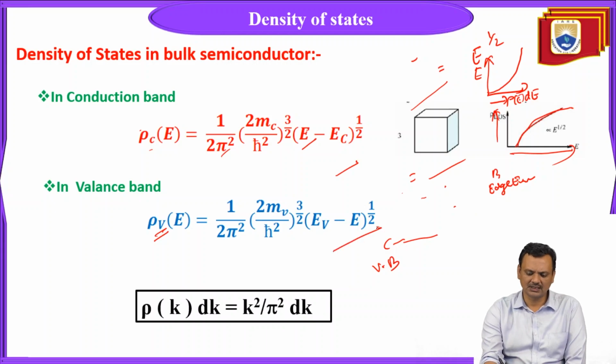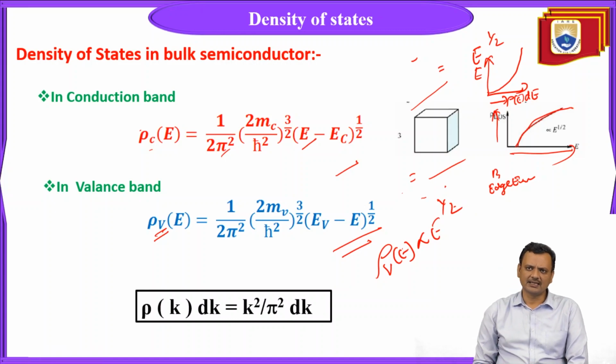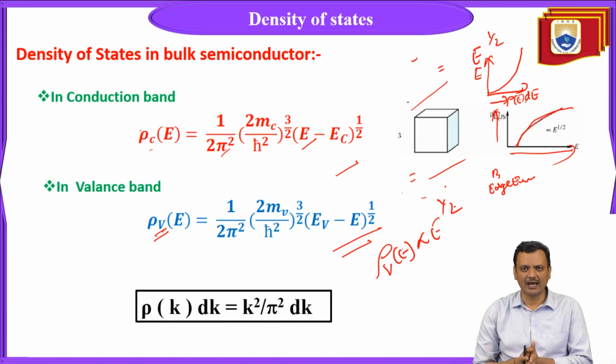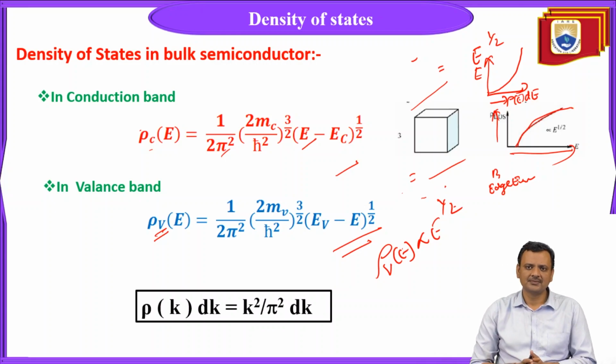Again, in the valence band region, our density of states also varies according to E to the power half. So in both cases, for bulk semiconductor, in the conduction band region and in the valence band region, the density of states varies according to E to the power half.